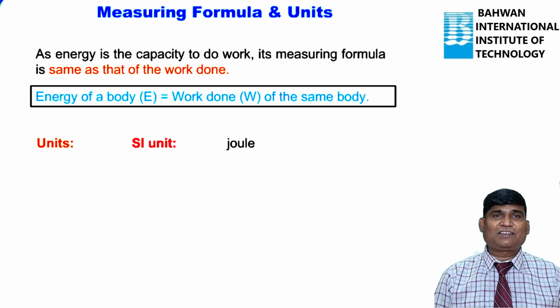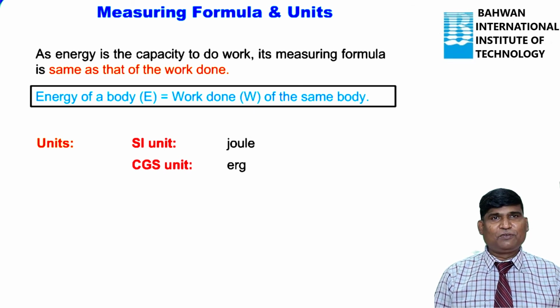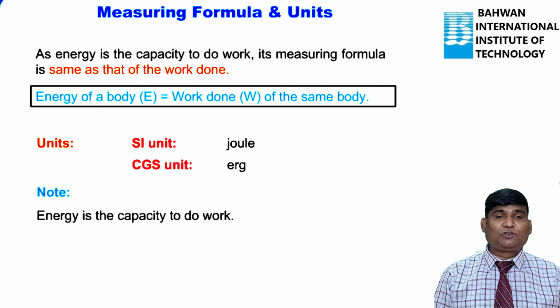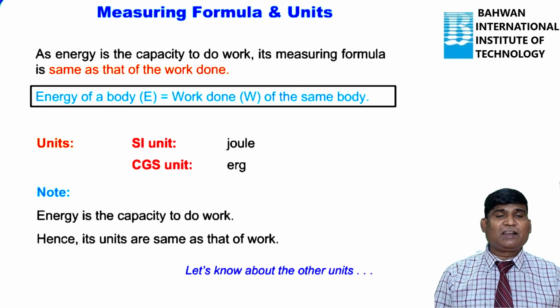In the SI system, we use the joule to measure work, and energy is also measured using the same unit, joule. What about the CGS system? We know that work is measured in erg, therefore energy is also measured in erg only. Energy is measured in erg in the CGS system and in joule in the SI system.